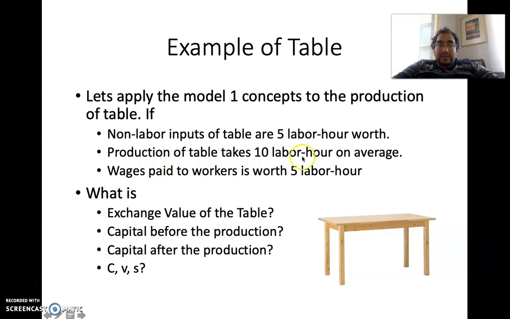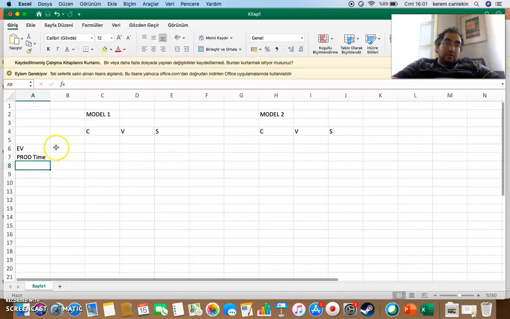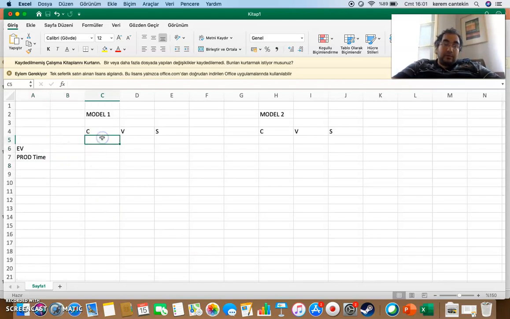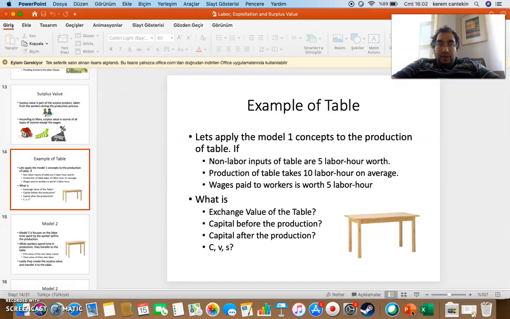Production of the table takes 10 labor hours. Wages paid to the workers are 5 labor hours. So 5 is the worth of the non-labor inputs. So C is 5. Wages paid to the workers is 5.